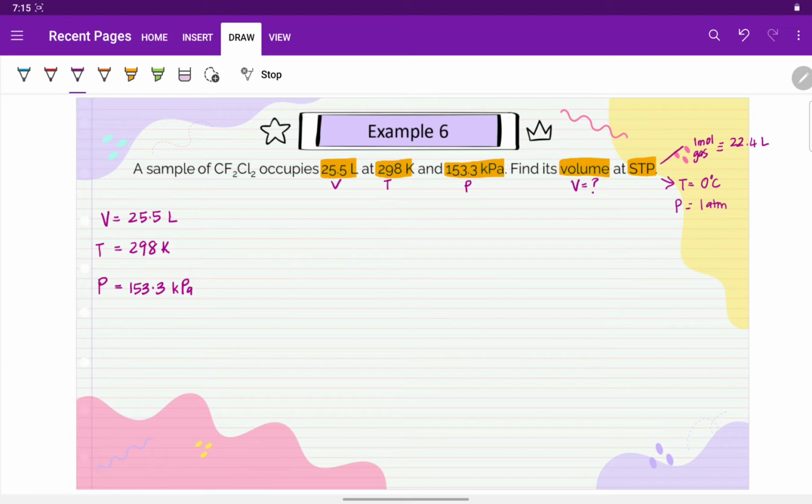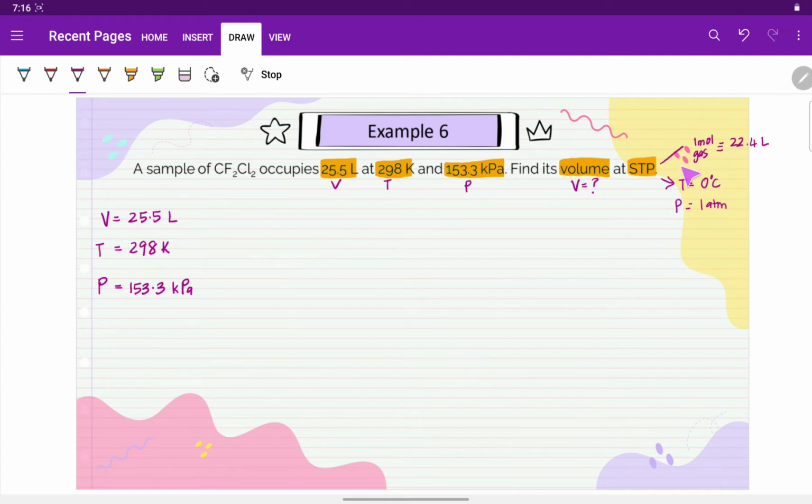Okay, so for this question, saya akan tunjukkan via the root of ideal gas equation. Okay, yang mana nanti kita akan gunakan this information untuk cari kita punya volume in liter. Tapi kita kena dapatkan dulu number of mole of gas.